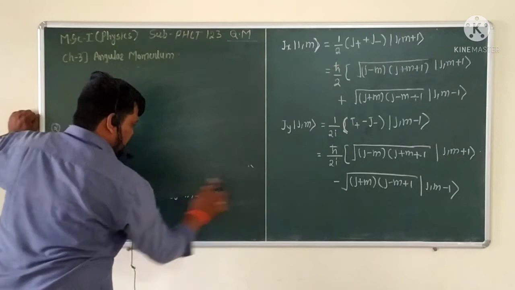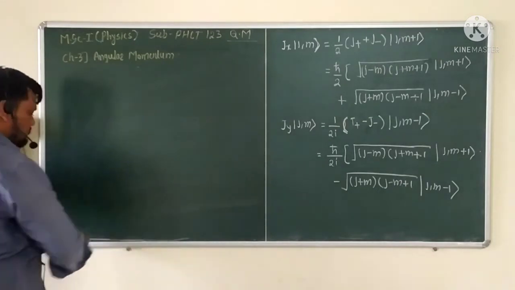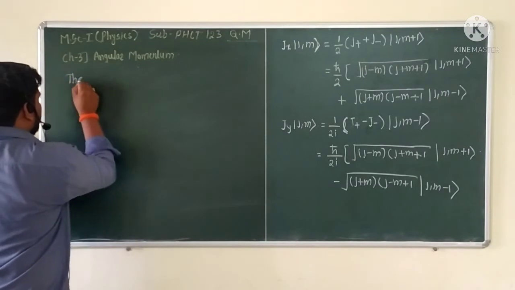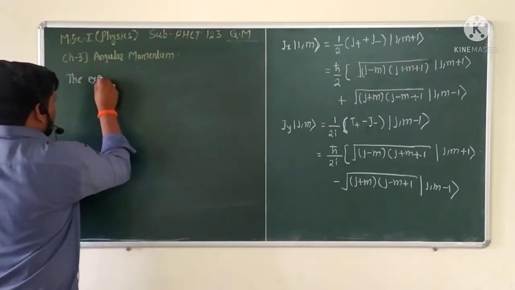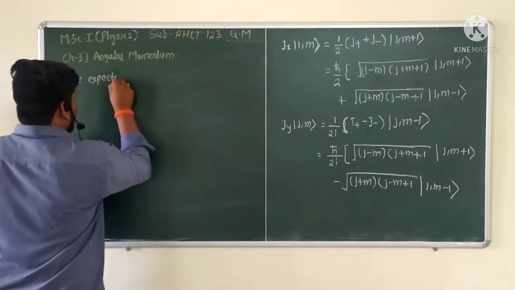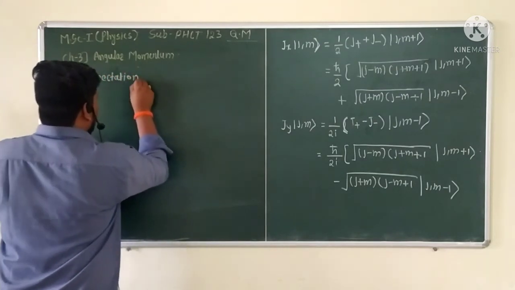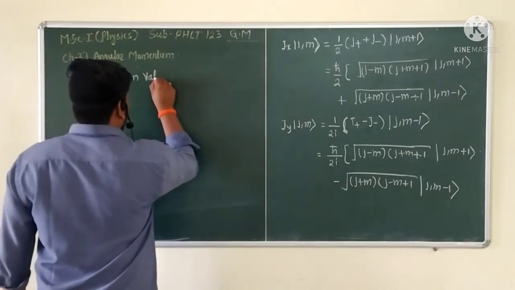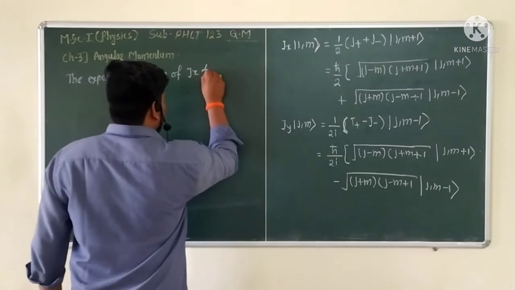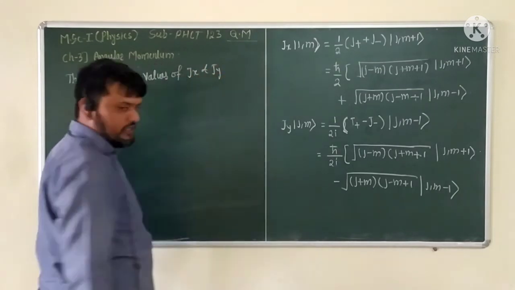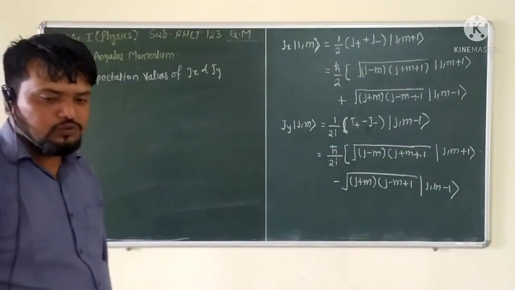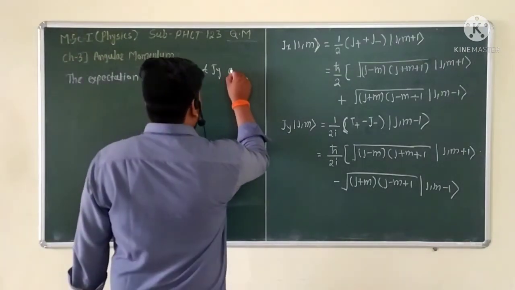The expectation values of Jx and Jy are therefore 0.